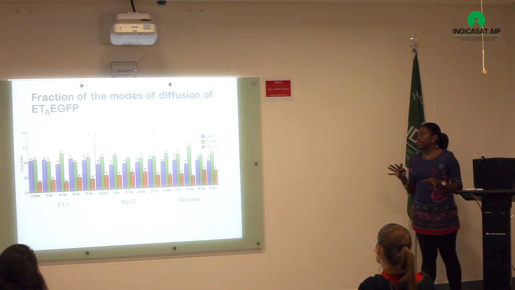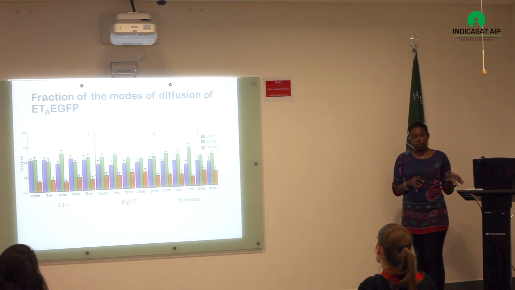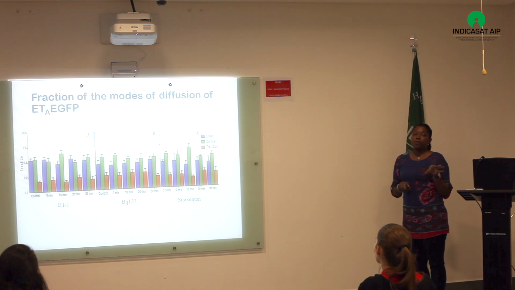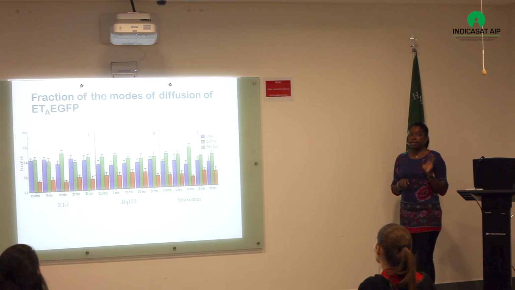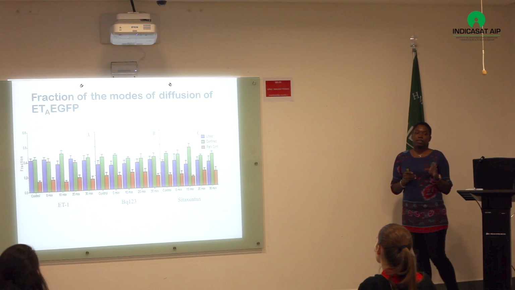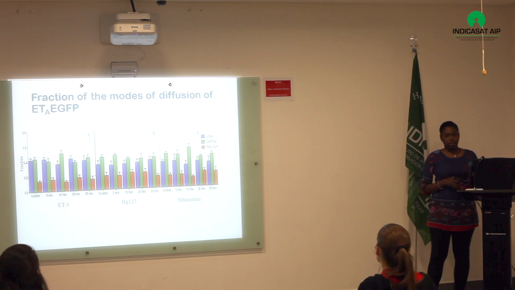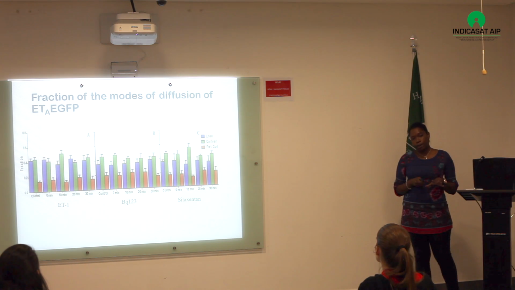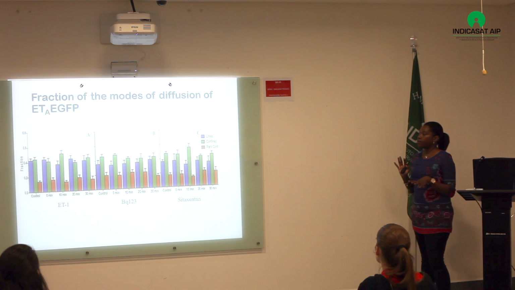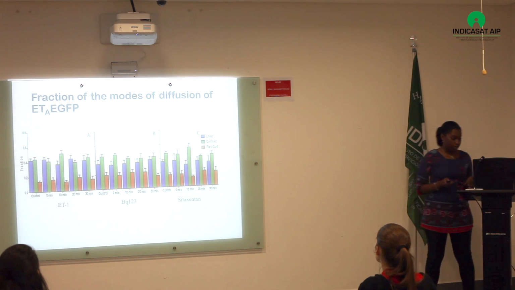But when we extracted these diffusion models and evaluated them in time, we observed that the confined diffusion model and the free diffusion were similar for this receptor. The proportion of particles that were moving as confined and free were similar.